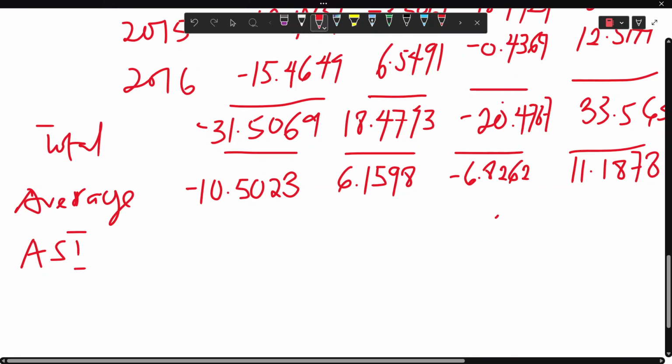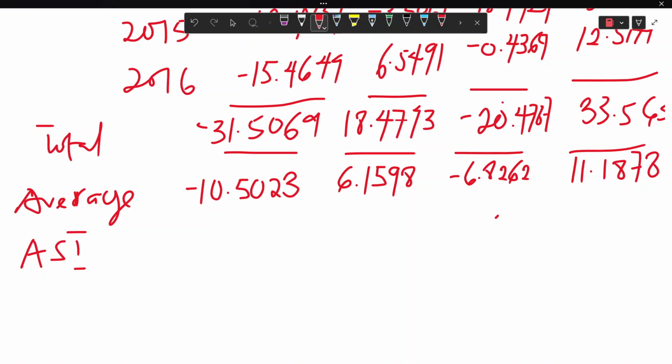So the first figure was -10.5023 minus 0.004775, which is giving us -10.5071.